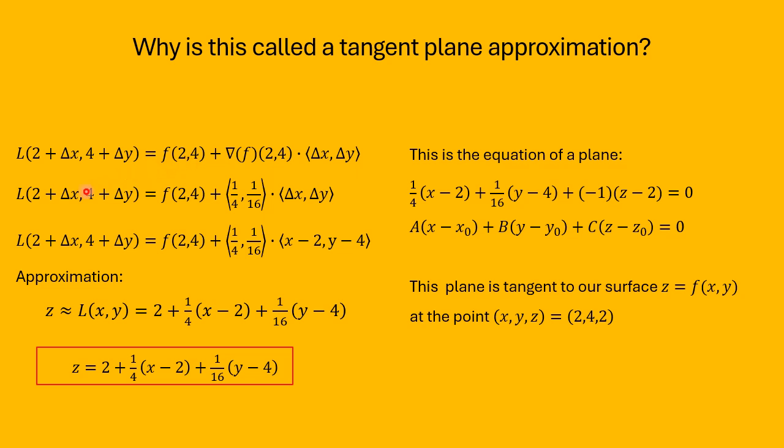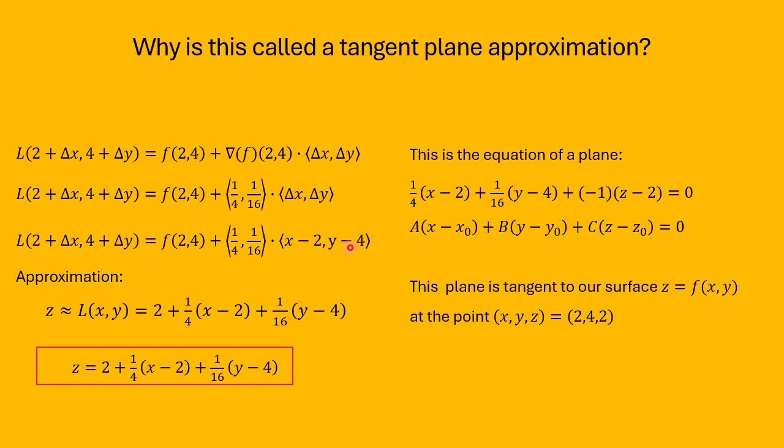And so we can remember that for our particular function f, this gradient of f at (2, 4) was the vector (1/4, 1/16), and the rest remains as before. Now going to the third line, we remember that (delta x, delta y) is (x minus 2, y minus 4). That's how much x changed from 2 and how much y changed from 4.